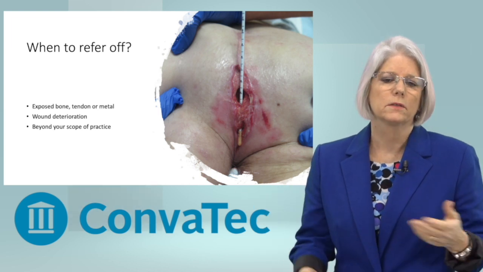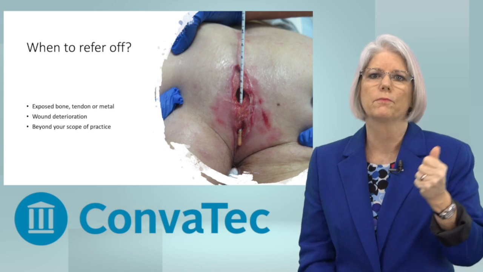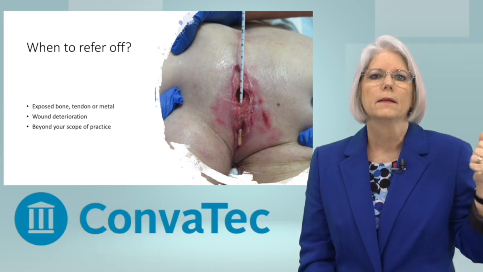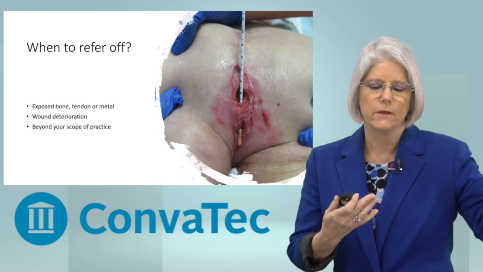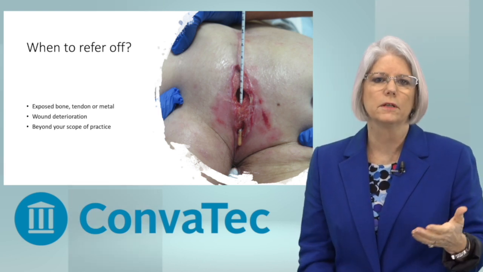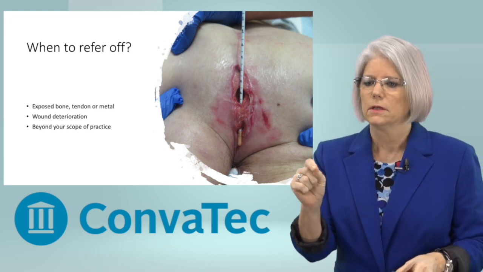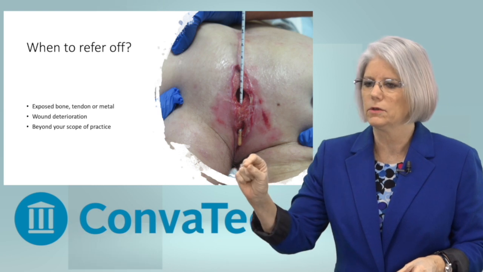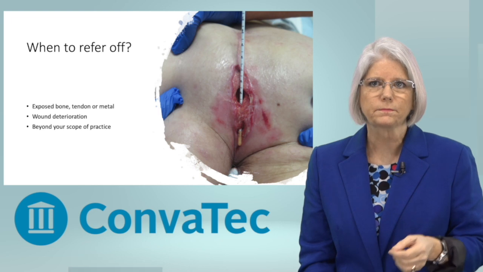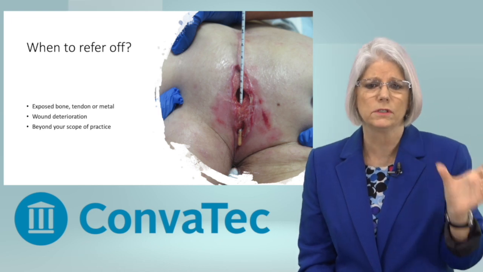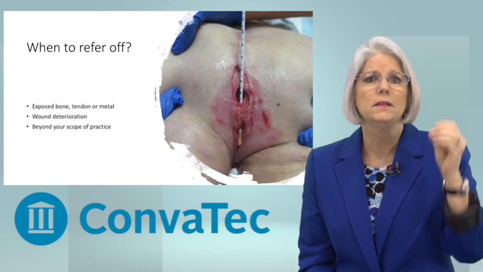And I spent an hour and a half to 2 hours debriding, getting a team approach together, a treatment plan, and doing what needed to be done for this patient. But when the written information came from the facility where he was at, for 3 weeks, it started off deterioration plus plus, and then deterioration plus plus plus, and then he ended up in my clinic on a Friday afternoon. So anytime that you see wound deterioration, that is a call to action, that something needs to change.